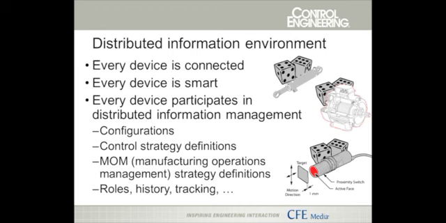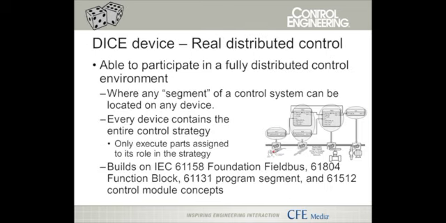Basically, everything you keep today in a centralized SCADA system or document management system or centralized databases can be replicated and maintained in these devices so that these devices can operate whenever they're disconnected and can help participate in this distributed information management.